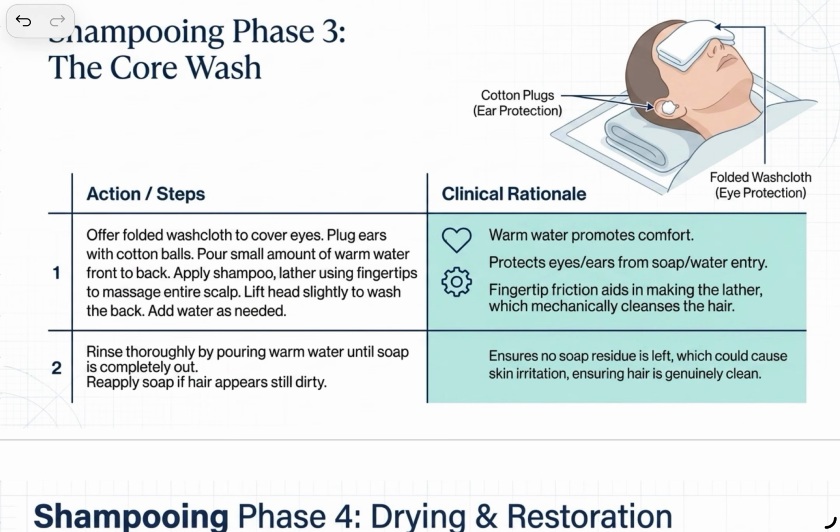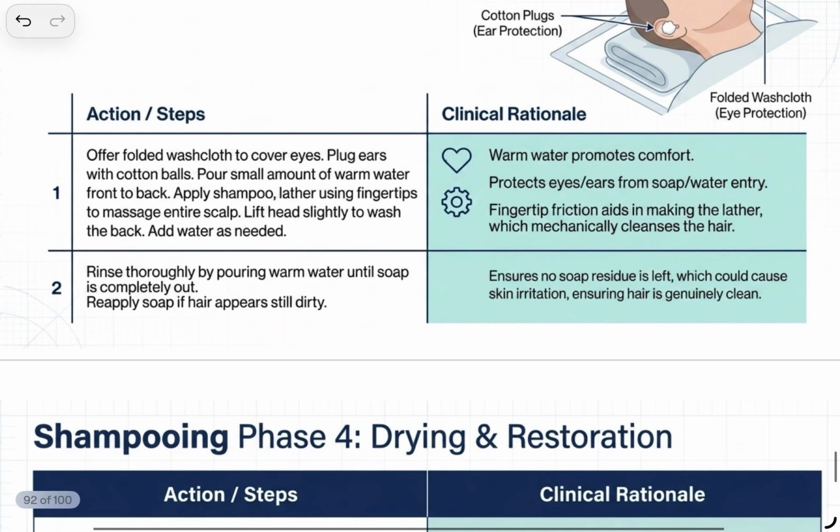Clear? And you need to wash it. Do you understand? Everywhere you need to apply, every part of the scalp needs to get the shampoo, and afterwards rinse it thoroughly with warm water and reapply the soap if it is as per the prescription, and remove all the dirt that is there. Clear?